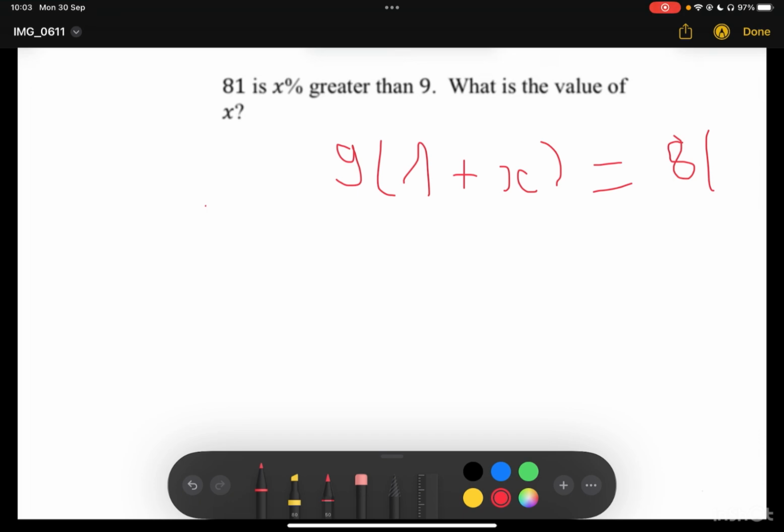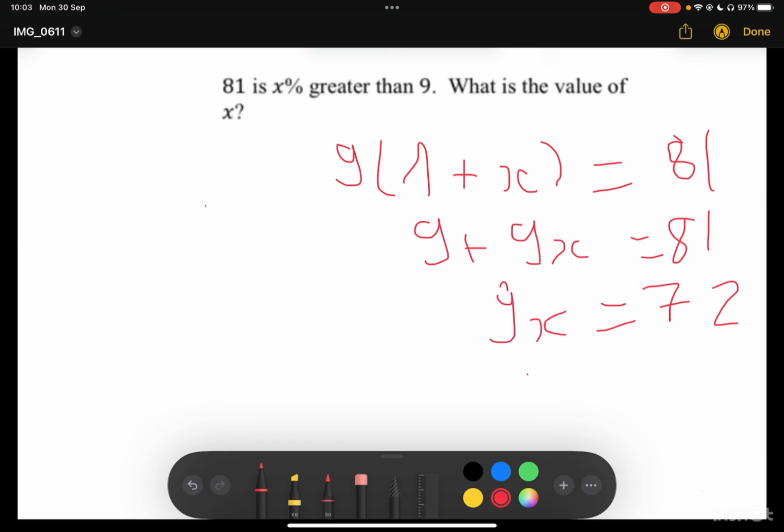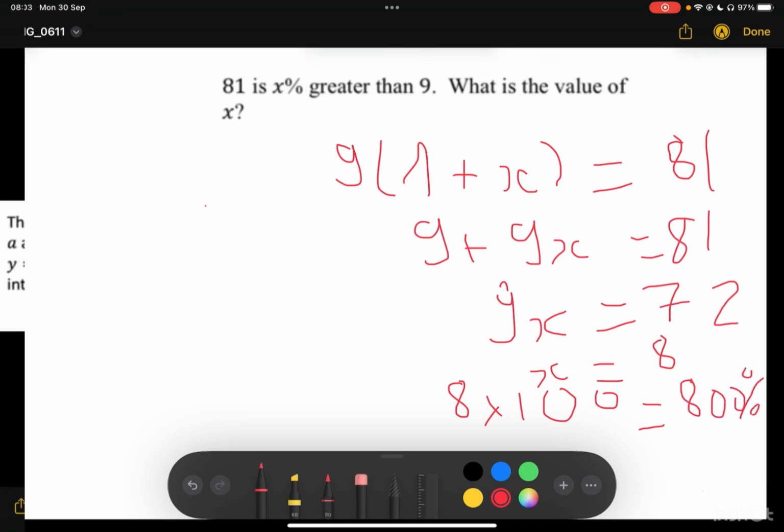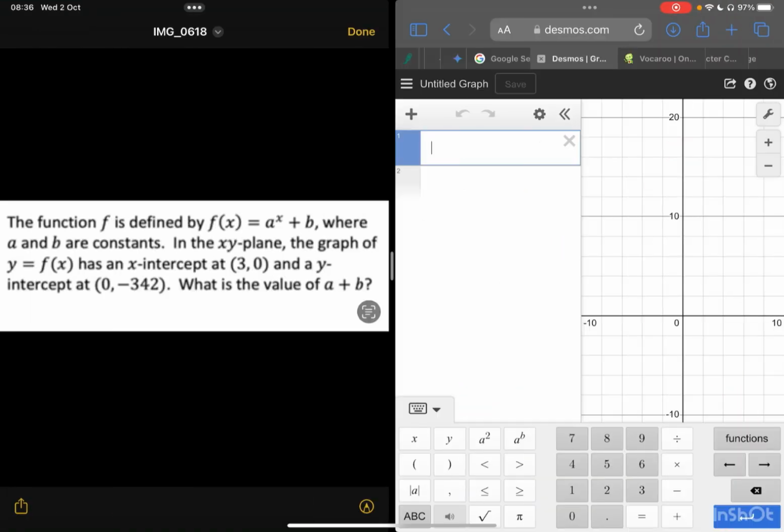So we take 9 times 1 equals 9 plus 9 times x, 9x equals 81. 81 minus 9 equals 72. 72 divided by 9, we'll have x equals 8. In percent form, we take 8 times 100, and we'll have the answer of 800%, which is the answer.